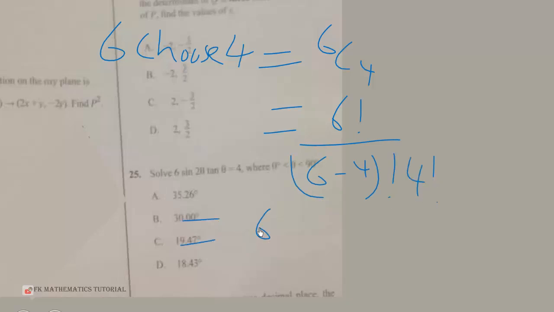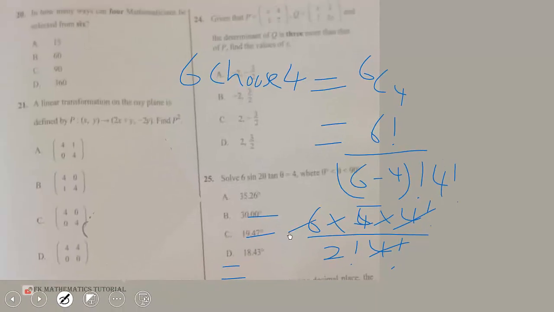So 6 factorial is 6 times 5 times 4 factorial, all over 2 factorial times 4 factorial. We cancel 4 factorial. 2 factorial is the same as 2, because 2 times 1. And so the 2 will go into 6 3 times. So 3 times 5 is 15.